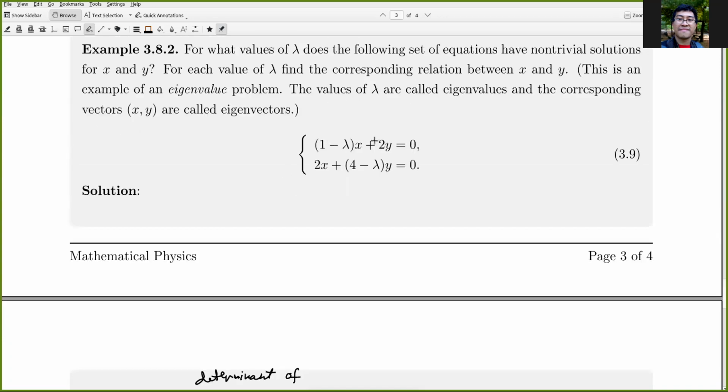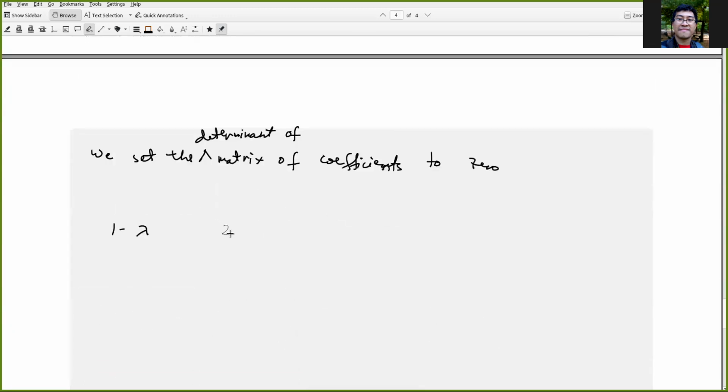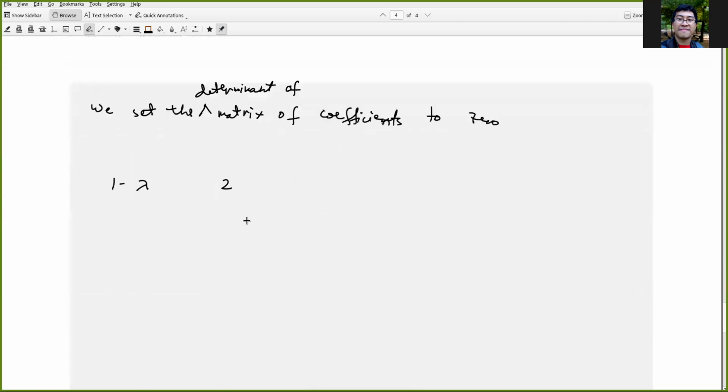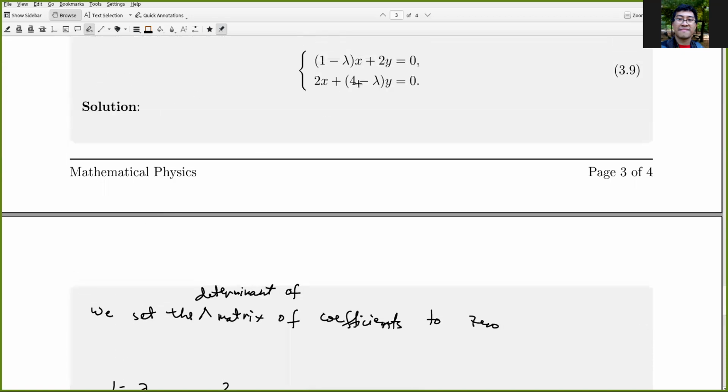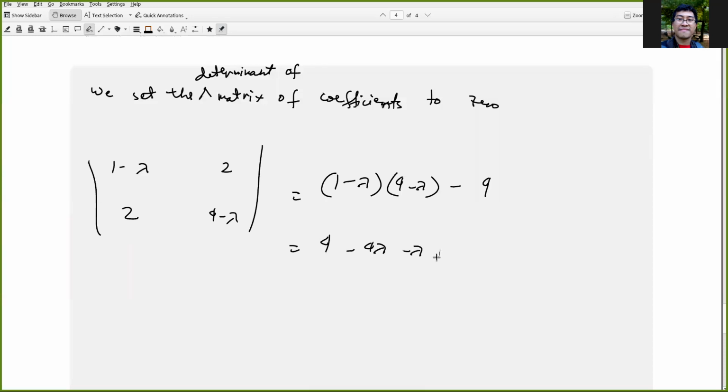So you have 1 minus lambda, 2, here, and 4 minus lambda. For this, you have 1 minus lambda times 4 minus lambda, minus 2 times 2, which is 4. 1 times 4 is 4, minus lambda is minus 4 lambda, minus lambda plus lambda squared, minus 4.